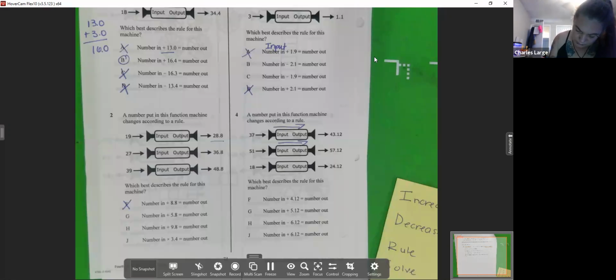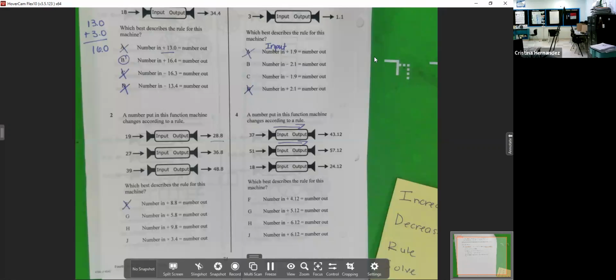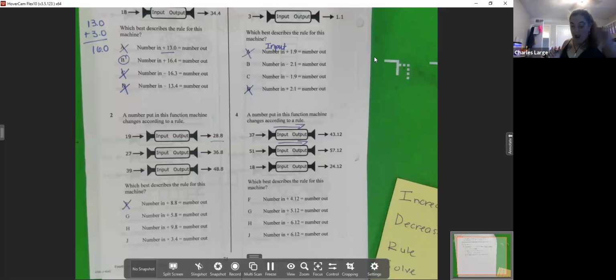Nope, still small. G is not right. 37, 6.12. So it'd be H. Adam? H. Uh-huh. Oh, nope. I am wrong. I am wrong. I did it again.